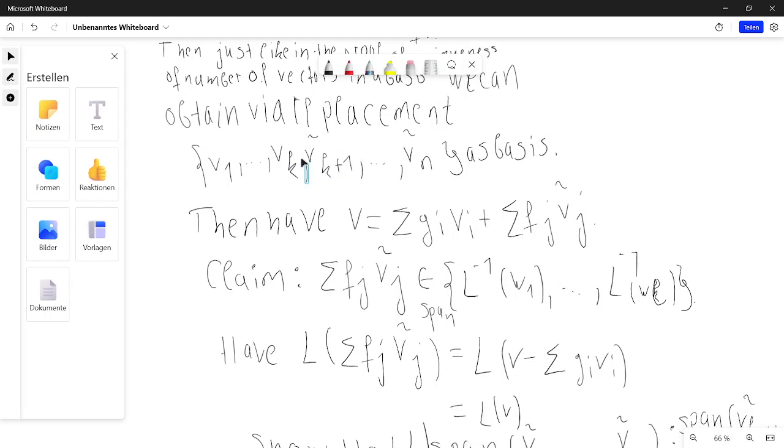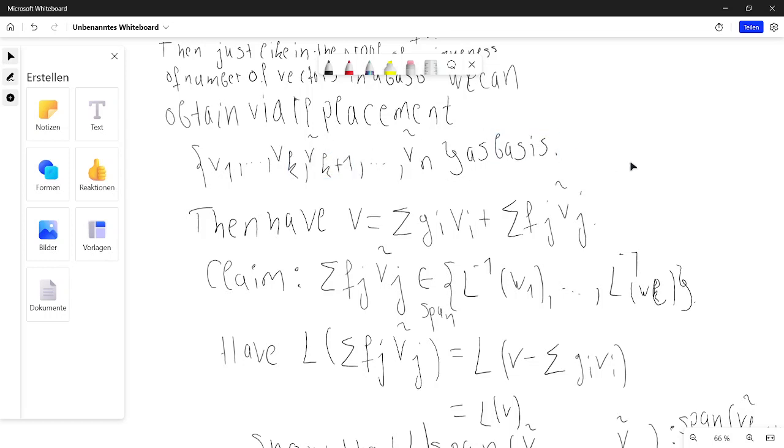So that is true. And we wanted to have that there is actually a basis of the image having exactly n minus k vectors. For that we have shown that the images of these are a basis which has exactly n minus k elements, and that the vectors are really distinct vectors.